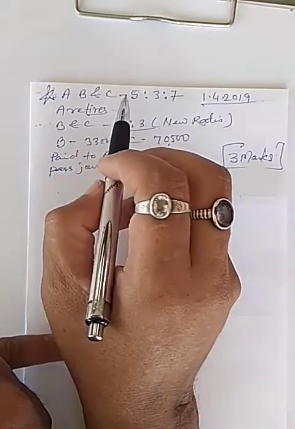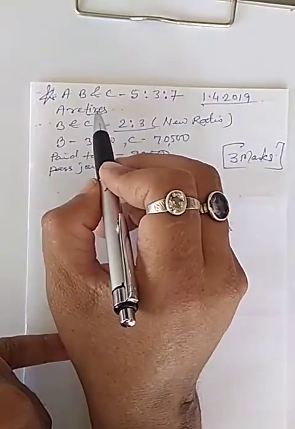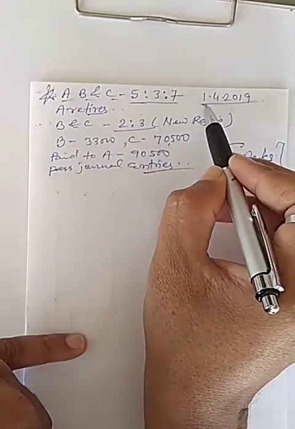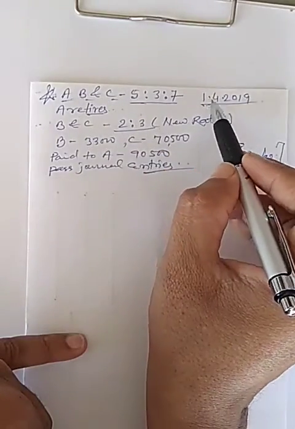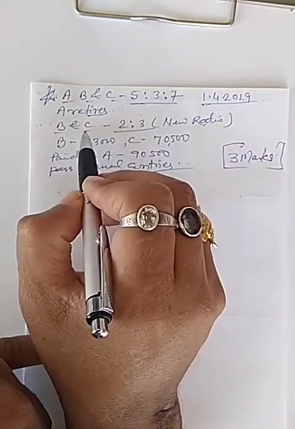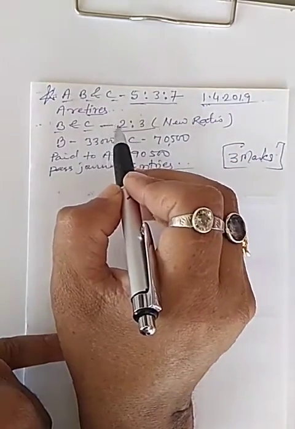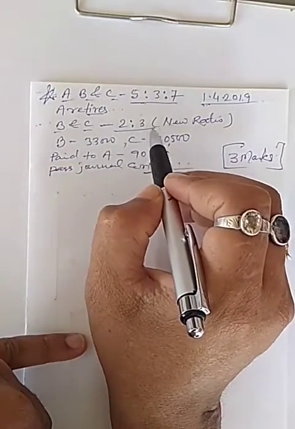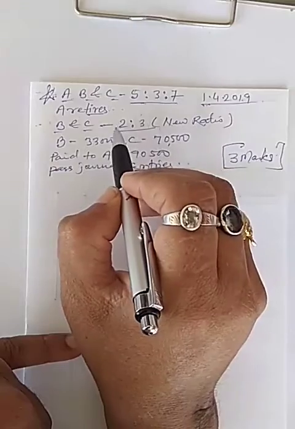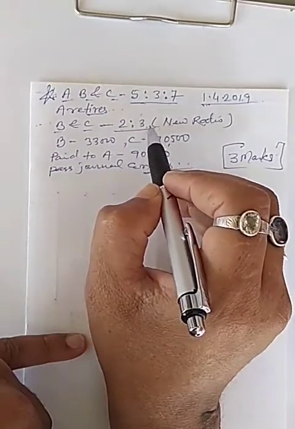I want to understand the question. A, B and C are partners in a firm, and A retires on 1st April 2019. B and C agreed the future profit sharing ratio will be 2:3.